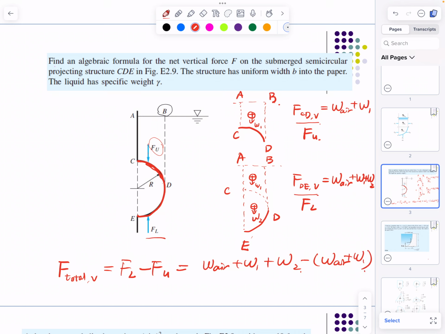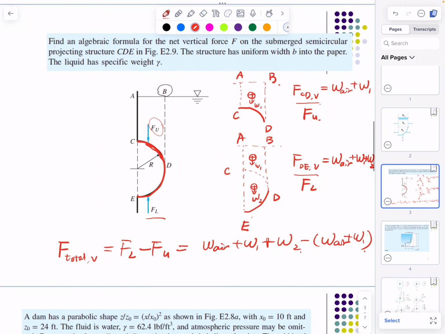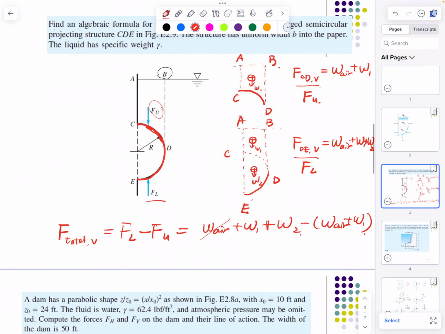Oh, sorry, here should be plus. I don't know why I said minus. And we can see that W_air cancels, W1 cancels. And the only thing you have is W2, which means you can consider, okay, here is filled with liquid, and the vertical force is related to the volume and the weight of the liquid you fill here.